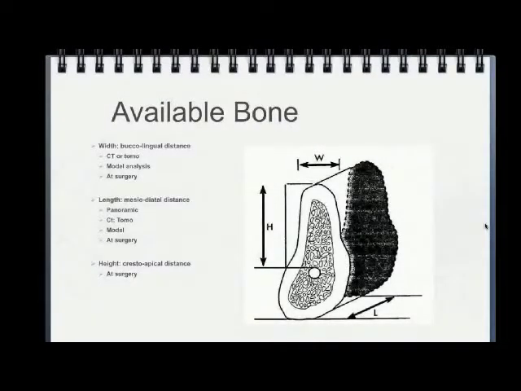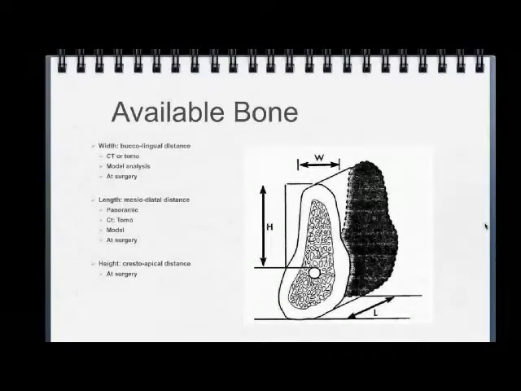We'll look at the width, considered to be the buccal-lingual distance, from buccal to the lingual, and we can determine this on the CT or tomography model analysis, but the final determination would be made at the time of the surgery. The length, the mesial-distal distance: panoramic, CT, tomography, model, and at the time of the surgery.